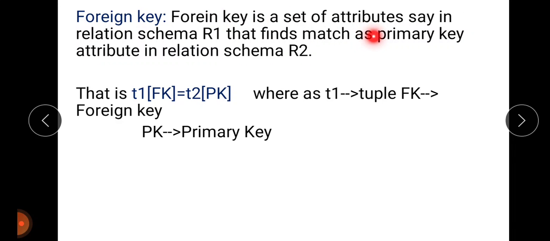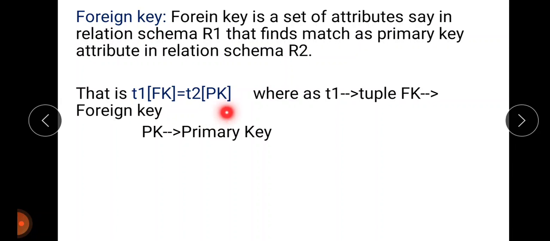It finds the matching with the primary key attribute in relation schema R2. Tuple 1 from relation R1, mentioned as a foreign key, finds the matching tuple 2 of the primary key attribute in the relation schema R2.